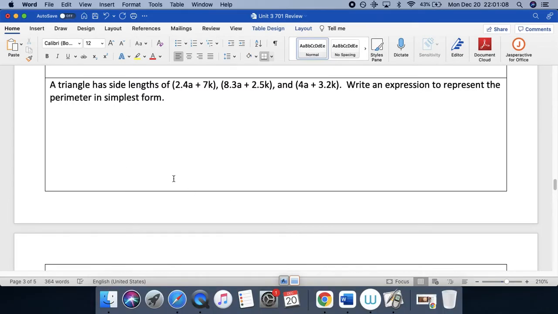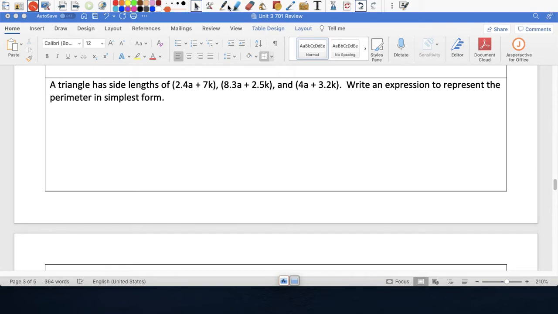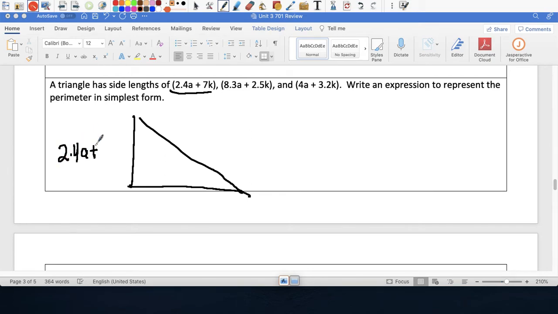Again, same type of question, but in this case we have a triangle. Doesn't matter what kind of triangle you use. Let's use this one. Here's a triangle. One side is 2.4a plus 7k. This one is 8.3a plus 2.5k.